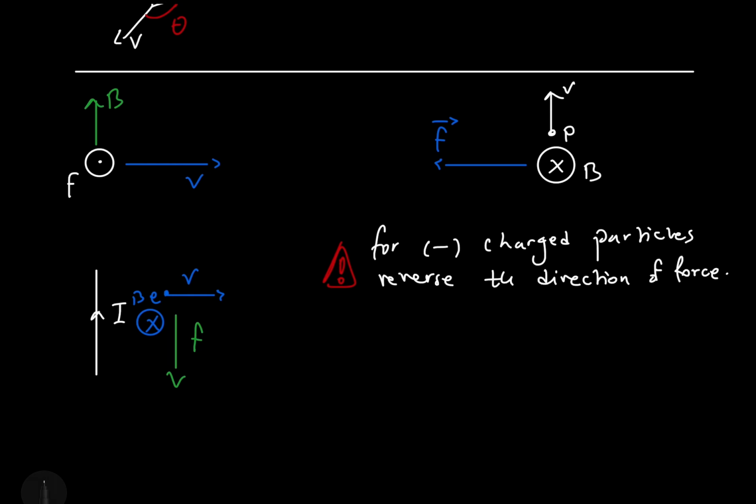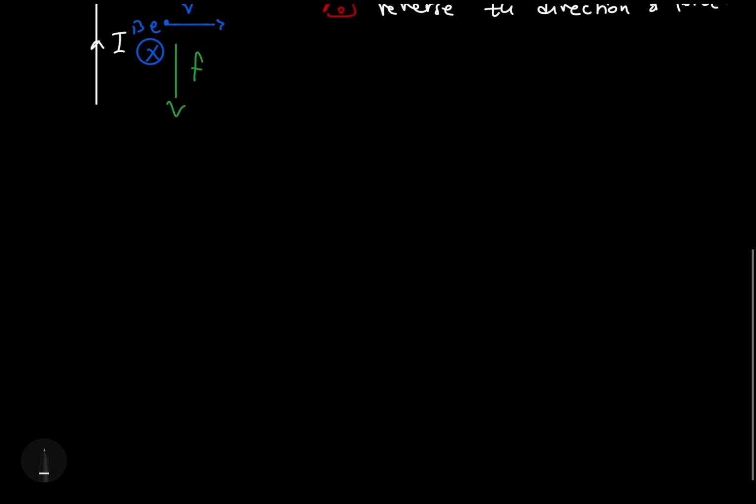Let's do one final example. Let's imagine we have a magnetic field that is directed outwards, and we have an electron going to the left with a specific velocity. So the velocity vector is to the left, and the magnetic field is out of the page.